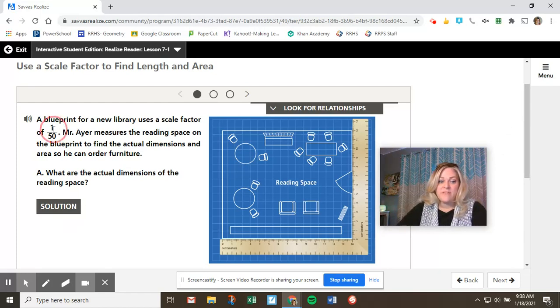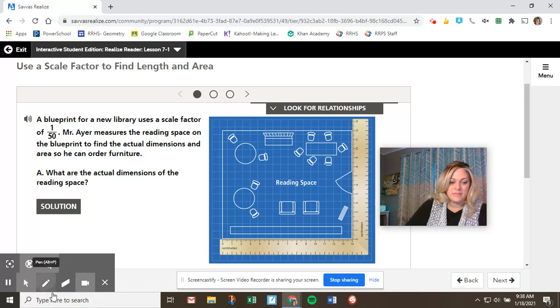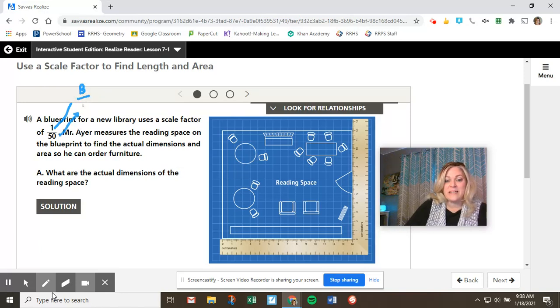So we're going to use the scale factor of 1/50, which means in case the blueprint is 1, for every 1, there's 50 of the actual drawing. So it's not new to original. It's like saying the scale factor, and I can write this on here. This 1 is representing the blueprint, and the 50 is representing the actual.